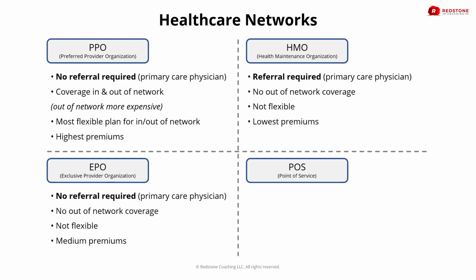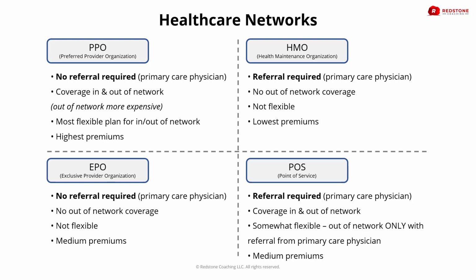Now the POS, point of service, is similar to the HMO and also slightly similar to the PPO. It's similar to the HMO in that it does require a referral, but it's similar to the PPO in the sense that there's coverage both in and out of network. But the reason it's only somewhat flexible is that in order to go out of network, you can only go out of network with a referral.